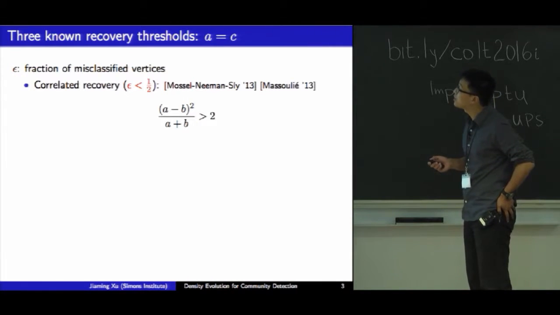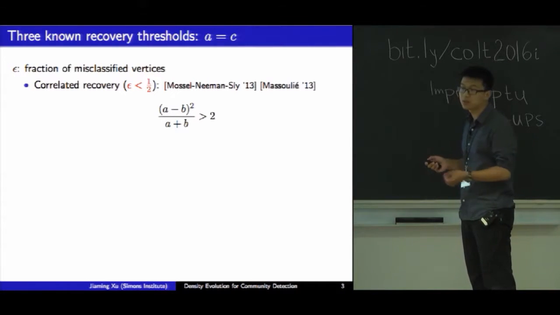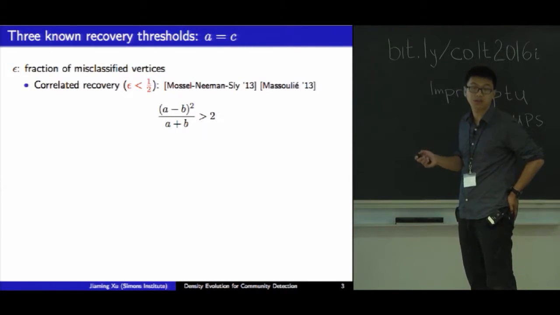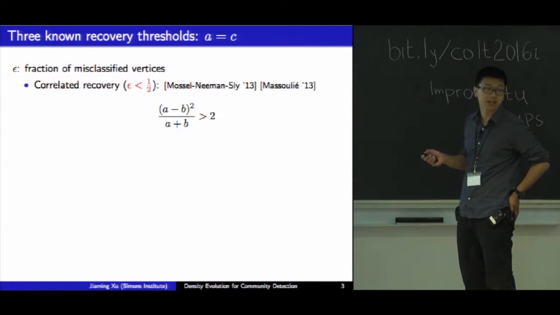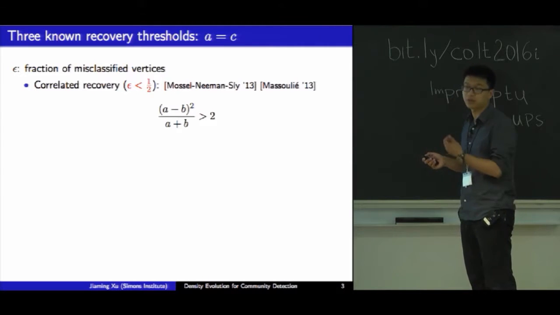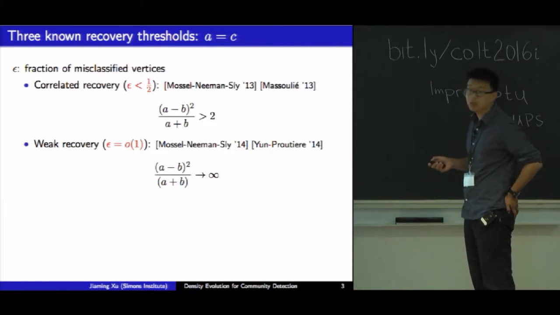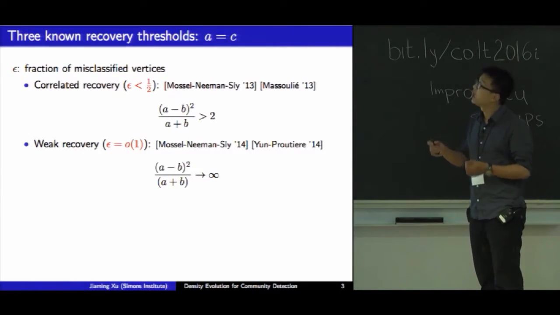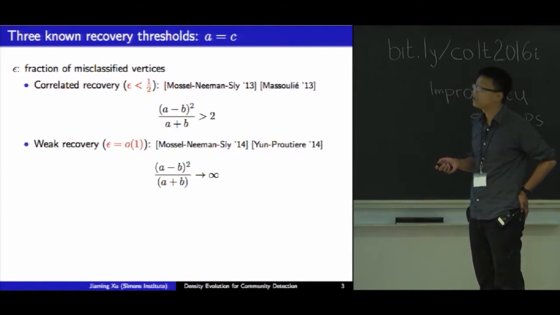Okay? So just to remind you, A over n is the edge probability within the first community or the second community. B over n is the edge probability across two different communities. So when A equals B, there's no information, so this condition is violated. When A differs from B, the condition will be satisfied. Okay? And then you can ask the similar thing for the weak recovery, which requires epsilon, the fraction of misclassified vertices, to go to 0 as the number of nodes n goes to infinity, and a similar phase transition threshold has been shown.